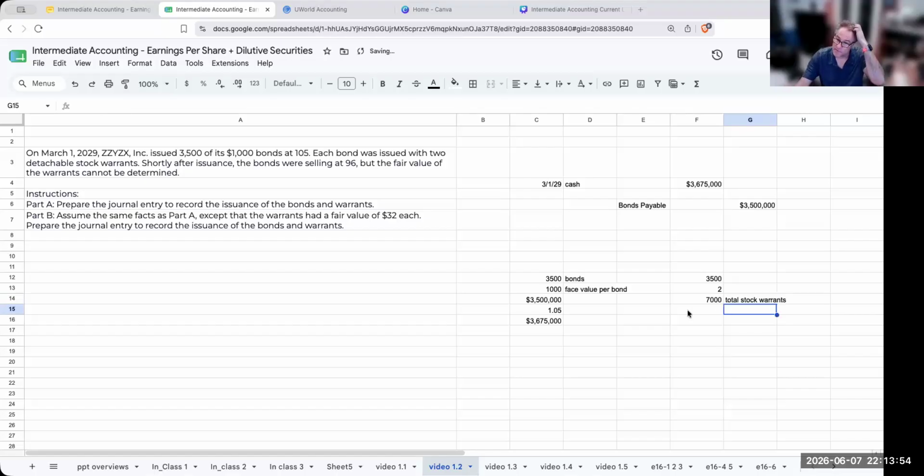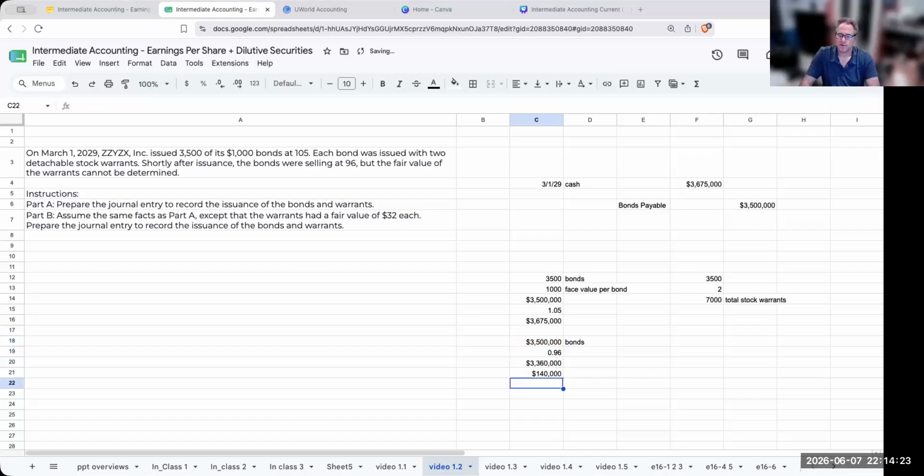And now when it comes to this, if the bonds were selling at 96, the way I'm going to want to do this is to say, well, the face value of the bonds was 3.5 million. If they're selling at 96, that means the true value of the bond with the discount is going to be 3,360,000.